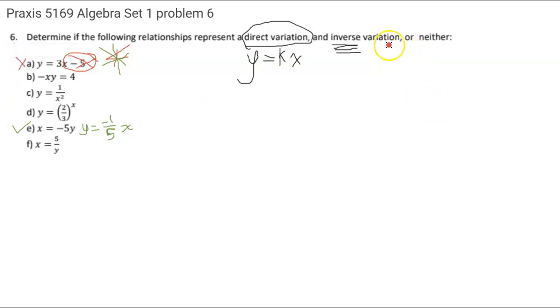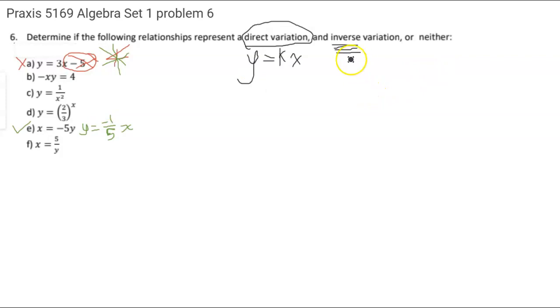Inverse variation, all right? Inverse, the reverse, the backwards, the reciprocal. That's what the word inverse is trying to get to you. Invert the x. Inverse variation means invert the x.